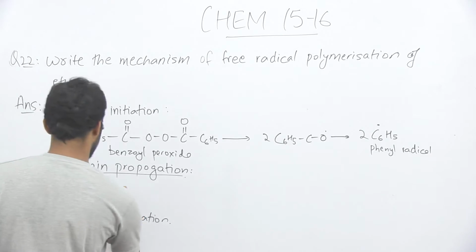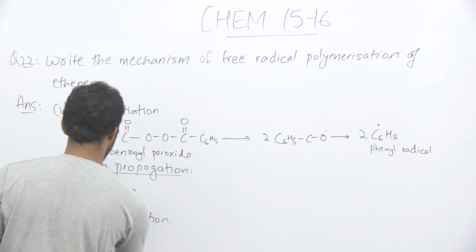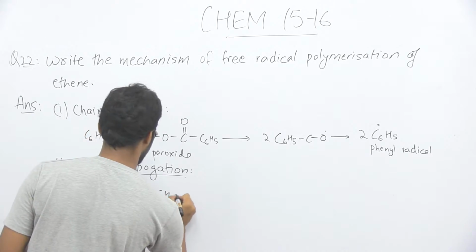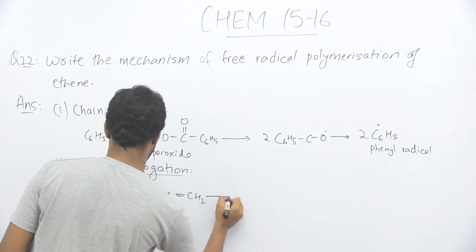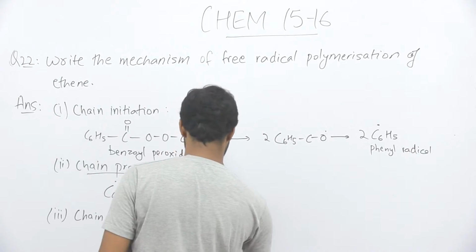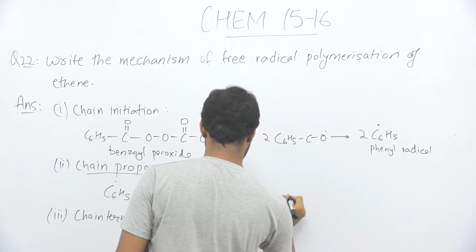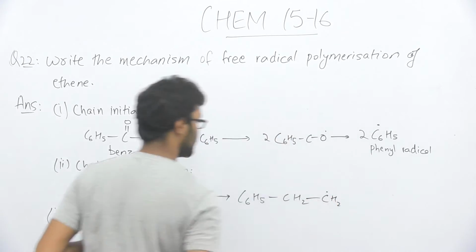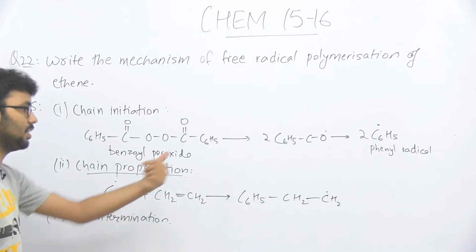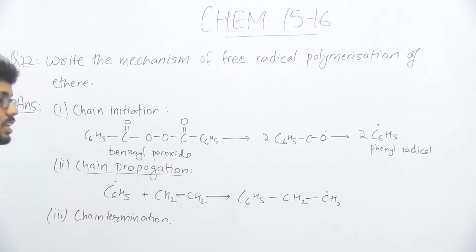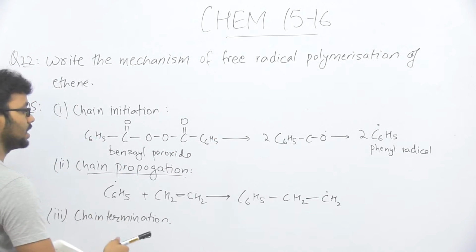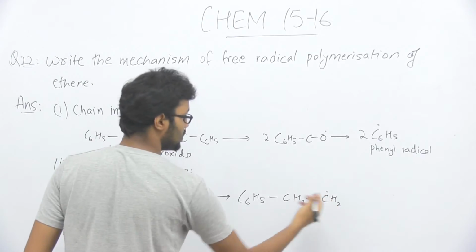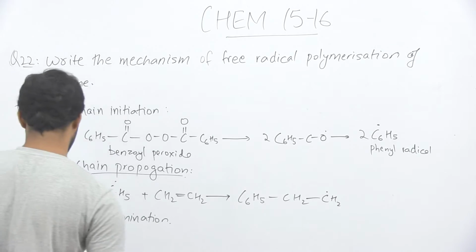The C6H5 phenyl radical reacts with ethene and forms this as the product. So the free radical which was formed in the chain initiation step, the phenyl radical, reacts with ethene, it attacks, and we get this free radical.